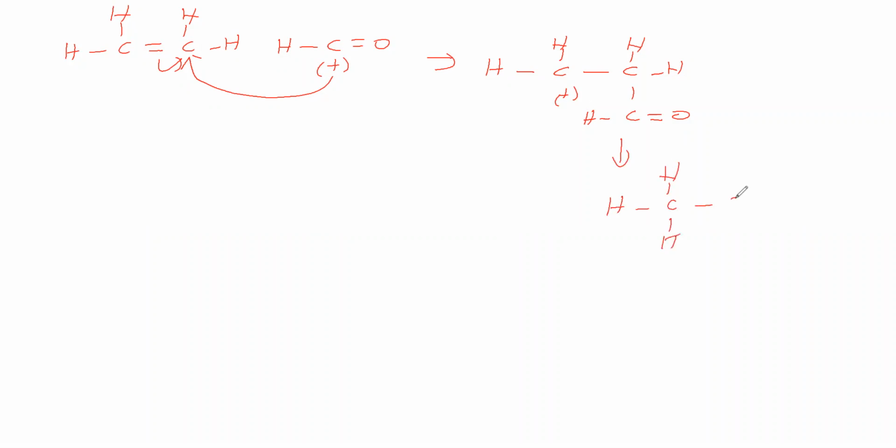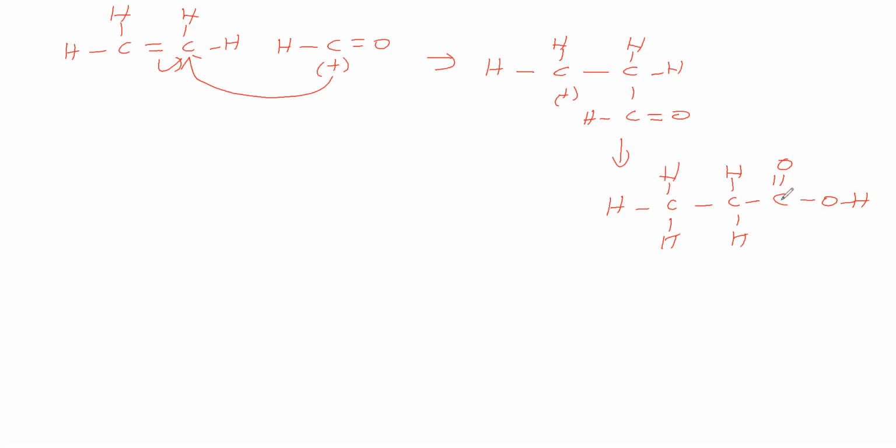Therefore, it becomes CH3, this CH2 is there, then this C double bond O. H3PO4 is an acid that oxidizes this aldehyde. Therefore, the aldehyde becomes carboxylic acid, because H3PO4 is an oxidizing agent.